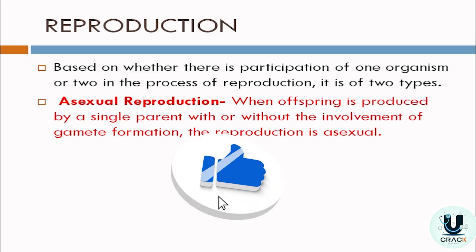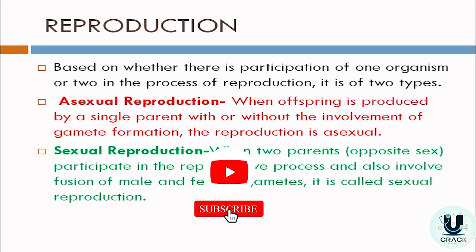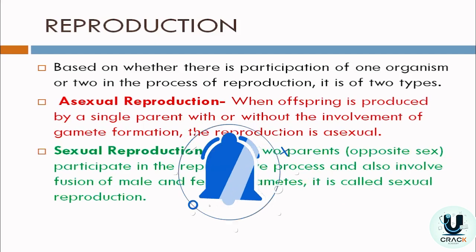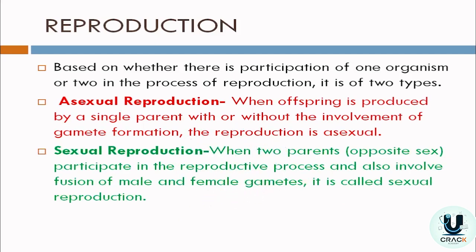Sexual reproduction is when two parents, of the opposite sex, participate in the reproductive process and it involves fusion of male and female gametes. Asexual: gamete formation. Sexual reproduction: fusion of male and female gametes.